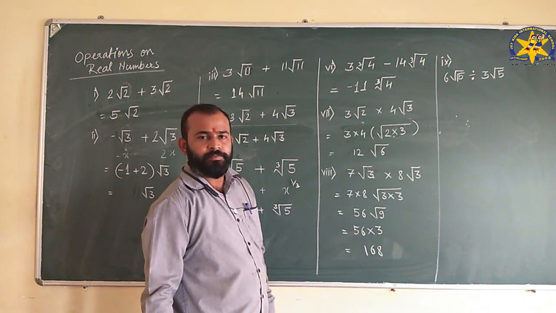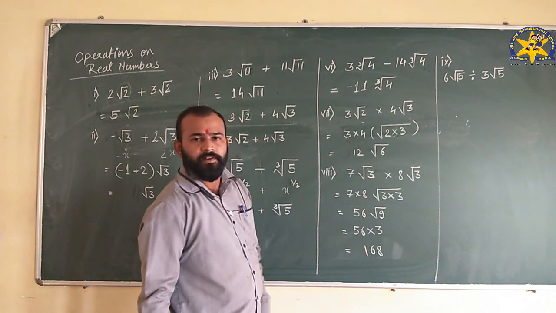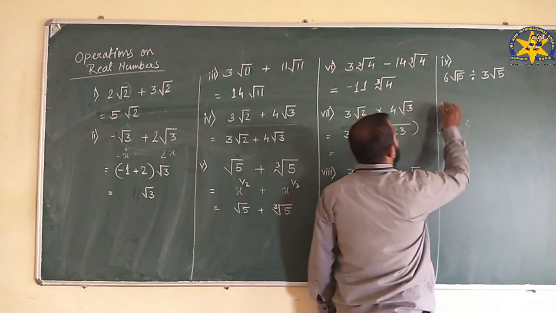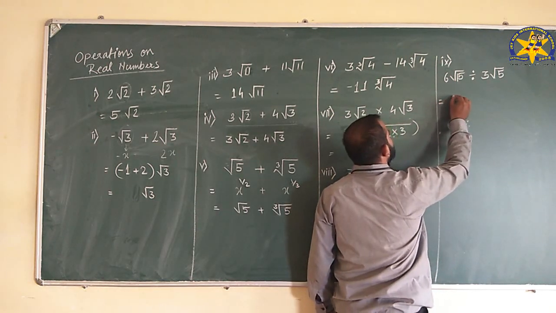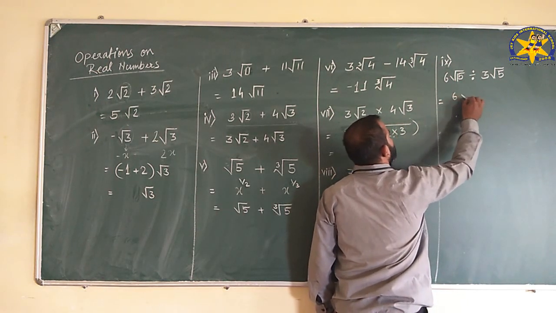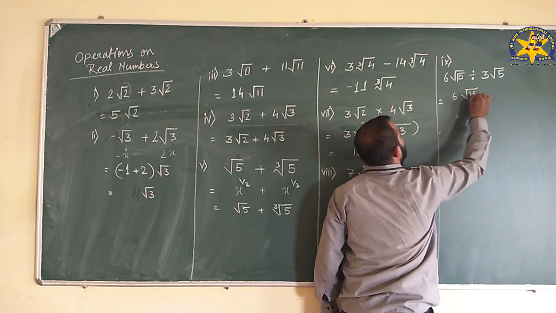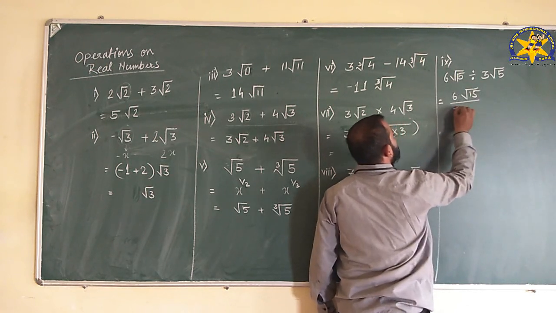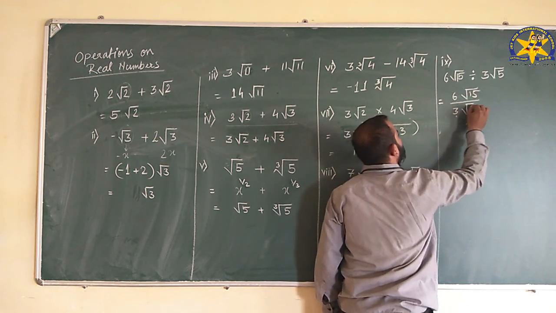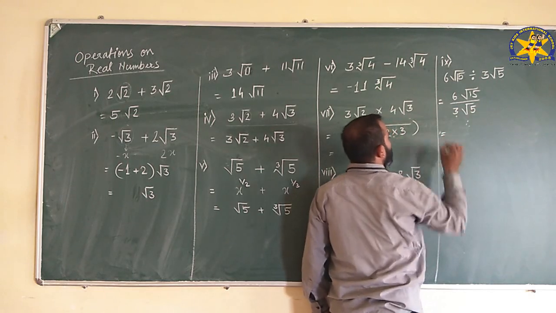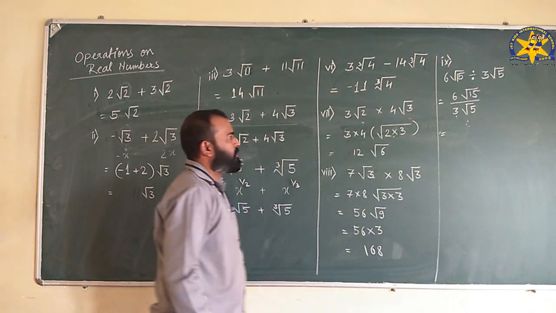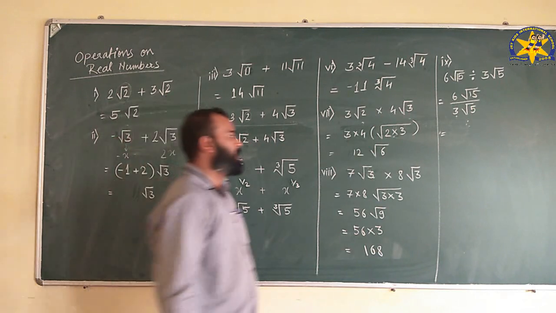So divide them. We can divide vertically or we can divide horizontally also. So what will come? 6 root 15 divided by 3 root 5. We have told here in multiplication rational by rational and irrational by irrational.